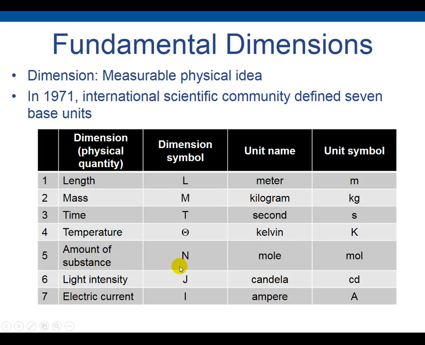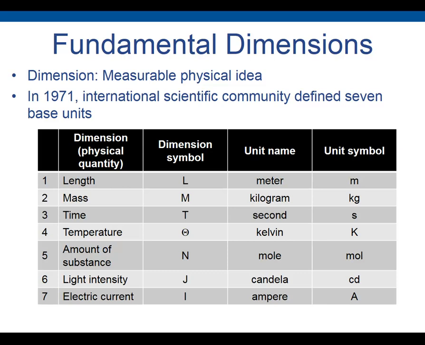So these 7 symbols represent them. L stands for length. Okay. M stands for mass. And here there are many units available. For example, for length, there are many units such as centimeter, millimeter, meter, inch, feet, things like that. But the official unit is meter.